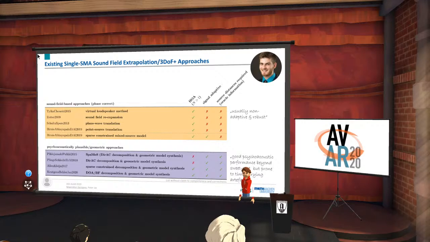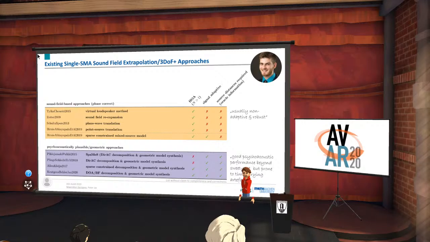And the second category of approaches is very different. They usually use geometric approaches and are usually signal adaptive. And they don't care about phase information and other things. They are rather tuned for good psychoacoustic performance. And these methods also allow to move out of the sweet spot.